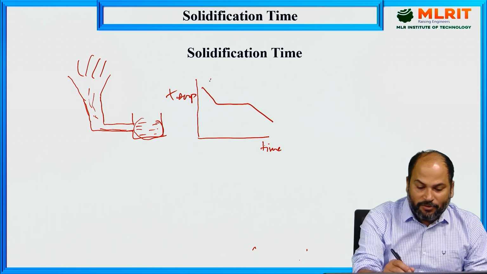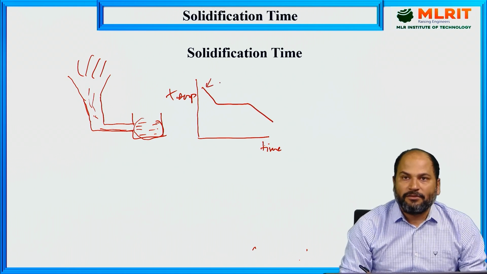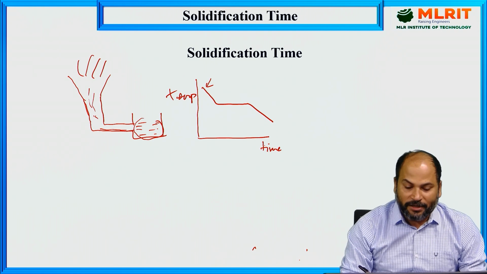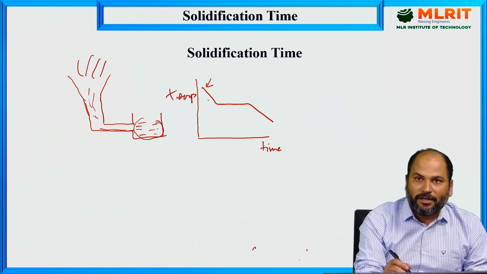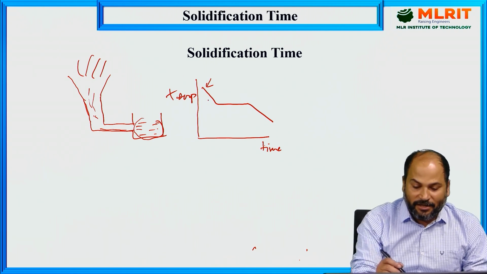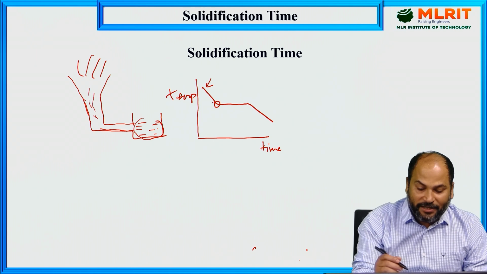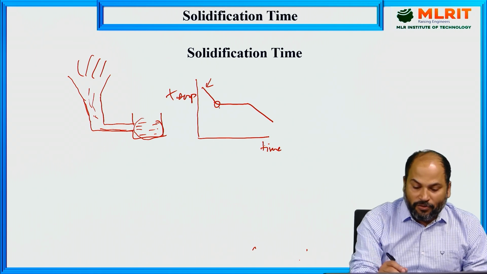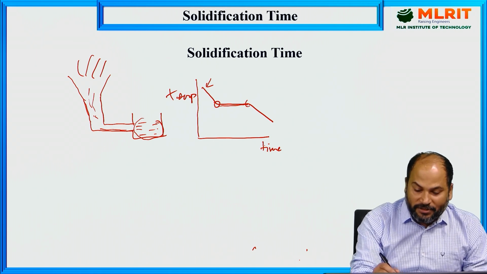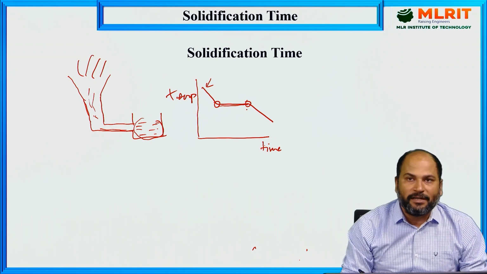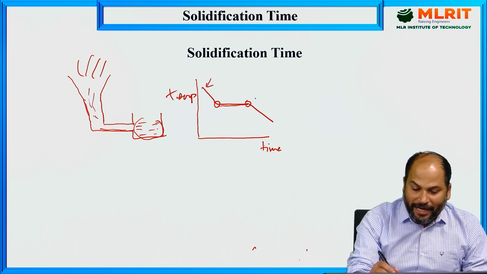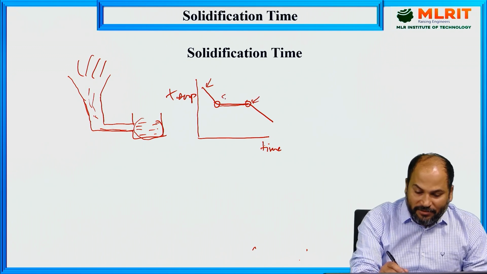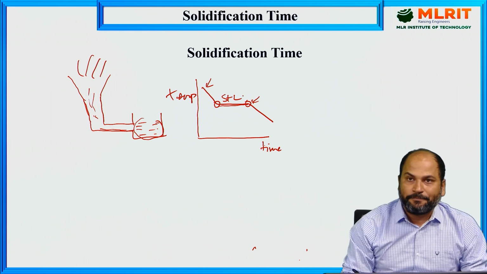So this will be the pouring temperature at which the molten metal is poured, and once it is poured, it will start freezing, and once it reaches this point, freezing will start. From this point to this point, once it reaches here, completely it will be in the form of solid. In between it will be solid and liquid.